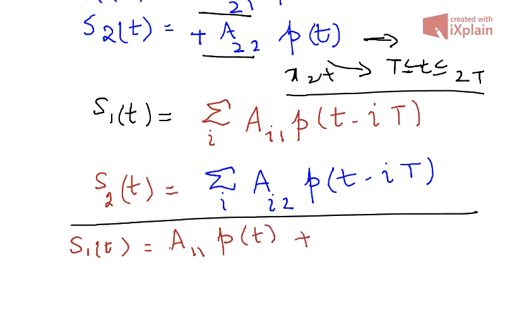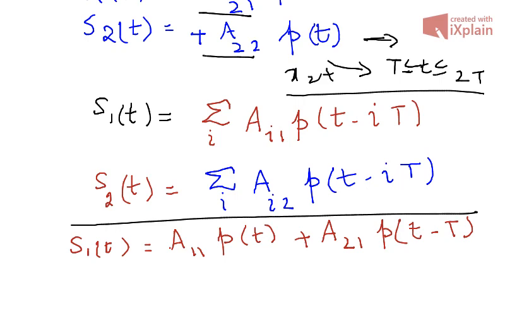And then we will have a second symbol, A21 P of T minus T. This is for the next time interval. So in the first time interval, S1 is A11 P of T. In the next time interval, it is A21 P of T minus T.